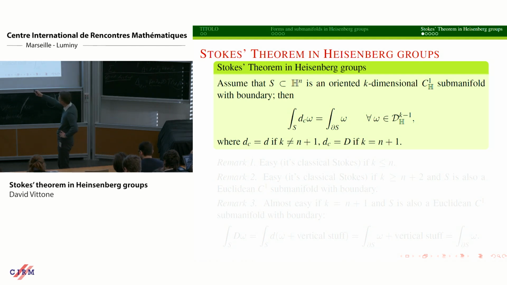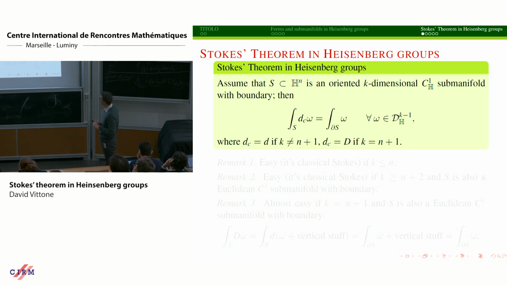When we integrate on S the differential of any Heisenberg k-1 form with compact support, this is the same as integrating the k-1 form on the boundary of S. Here I use this symbol d_c, which stands for Rumin's differential, which is either d when we are not at the critical level, or capital D when k is n plus 1, so omega is an n form and its differential is an n plus 1 Heisenberg form.